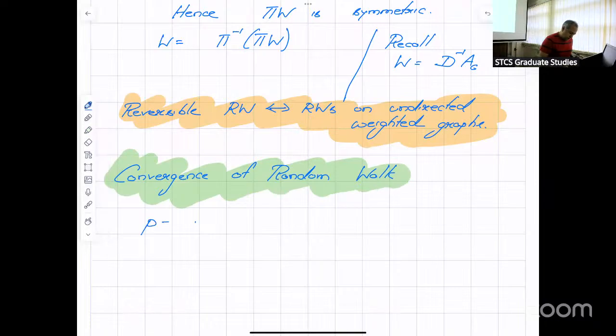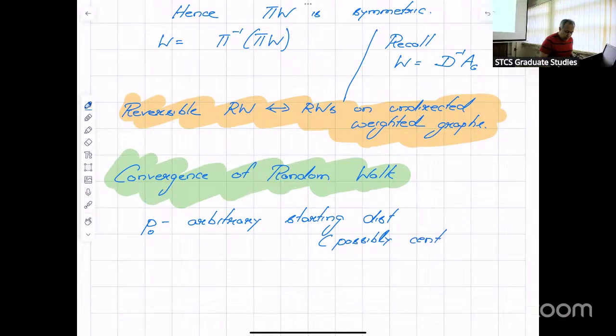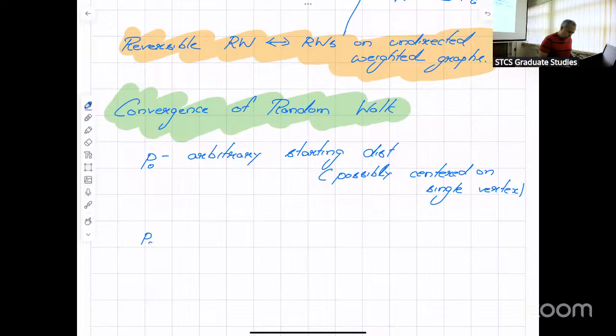So take an arbitrary random walk and an arbitrary starting distribution P naught, possibly centered on a single vertex. Let's look at the random walk, which is P naught going to W transpose P naught, going to W transpose squared P naught.